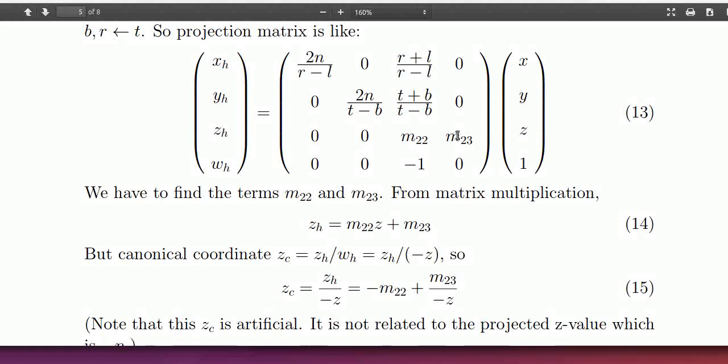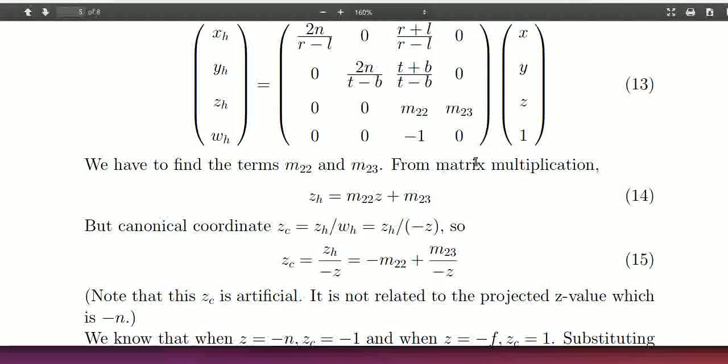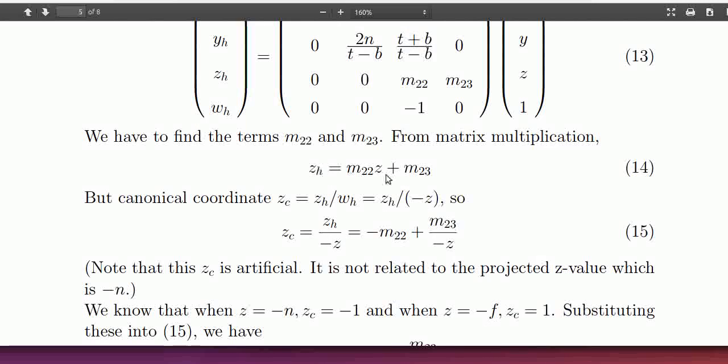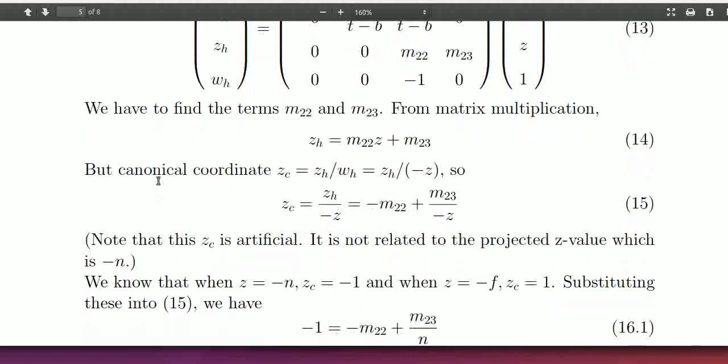From matrix multiplication, we have zh equals M22 times z plus M23 times 1, expressed in this equation. But we know that the canonical coordinate zc is equal to zh over wh, and wh is equal to negative z.